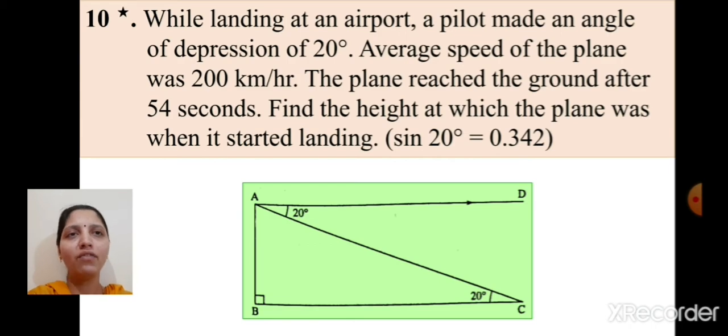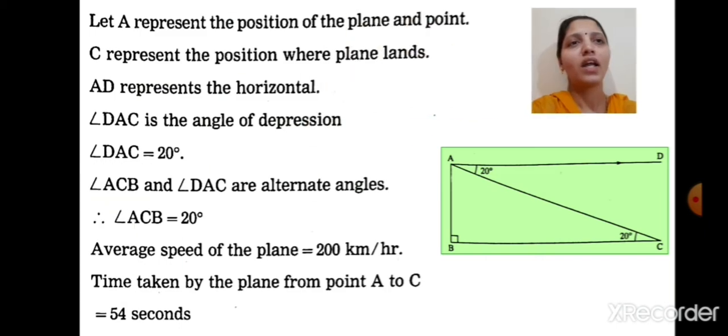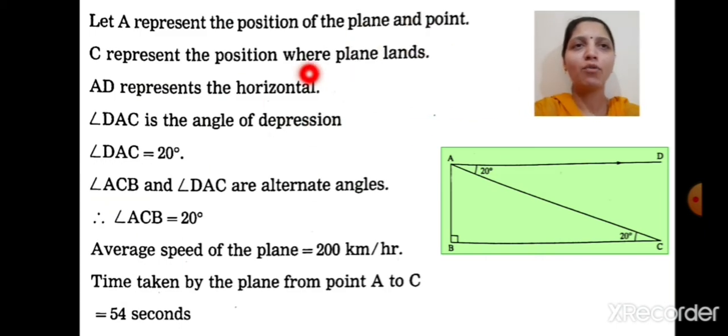Now here the angle of depression is given. That means the object is at a lower level than the observer and the horizontal line. So here let A represent the position of the plane, C represents the position where the plane lands, and AD represents the horizontal line.